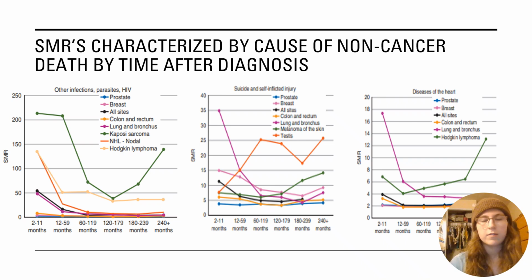And then for the next graph, it's suicide and self-inflicted injury. There is a large peak there for lung and bronchus cancer, and that's just going to be because of the high mortality rate for that cancer and people knowing that when going into it.